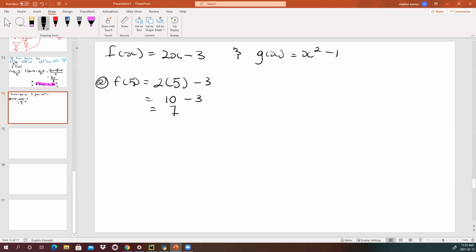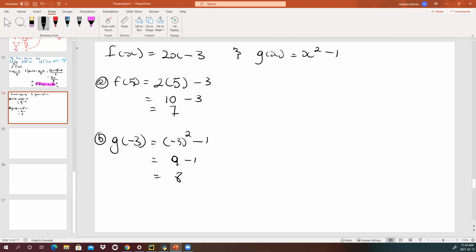The next thing that we are asked to find is g of -3. So g is x squared minus 1. So we're putting -3 squared minus 1. So that's 9 minus 1. Answer is 8.